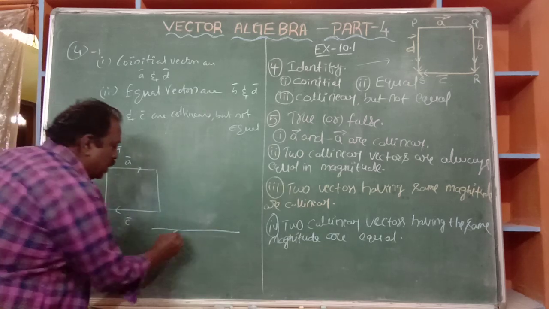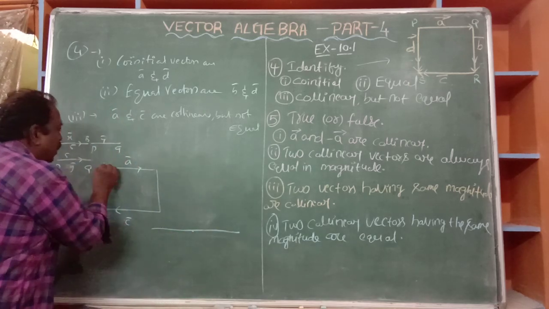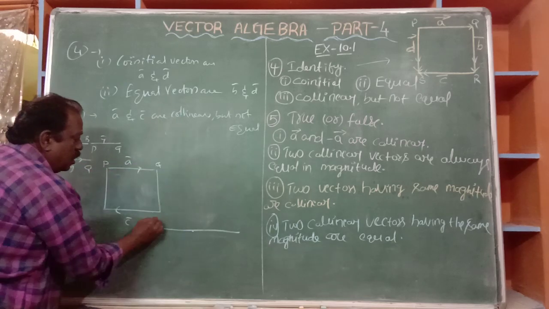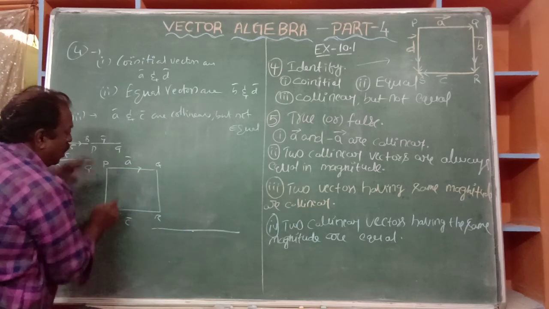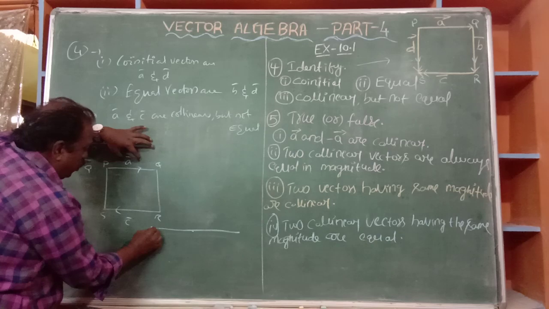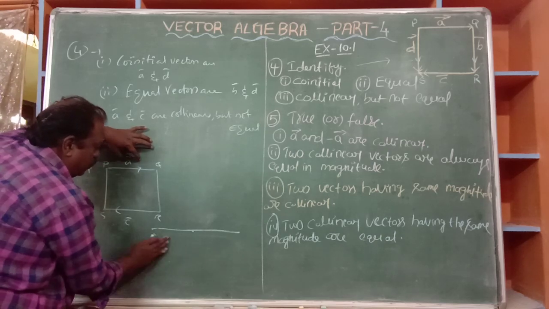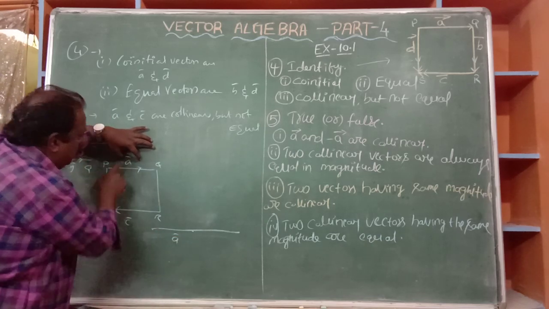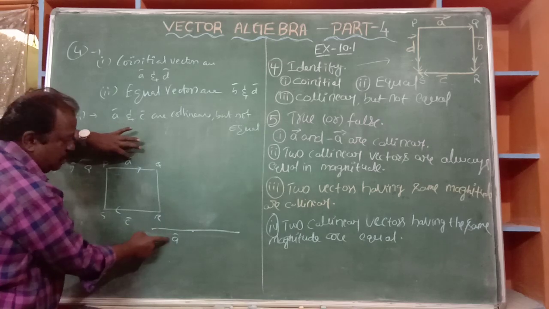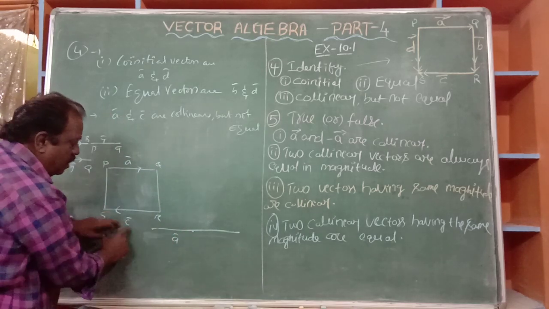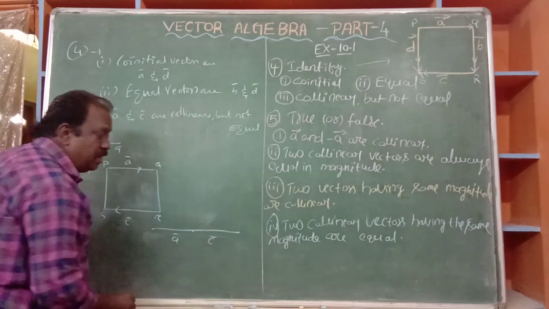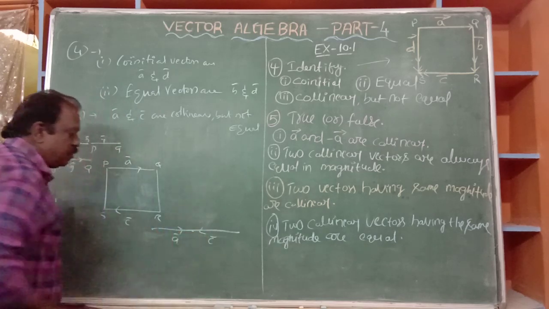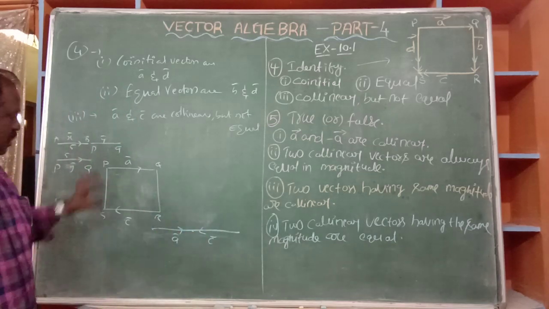Here I want to mention, this is PQ and RS equal to PQ bar, that is you assume. I draw A bar, so A bar here and here the same. And C bar, you mention C bar here. Of course, the directions are the same.